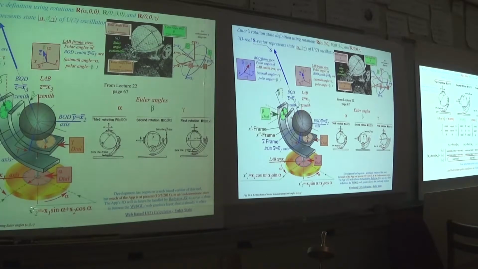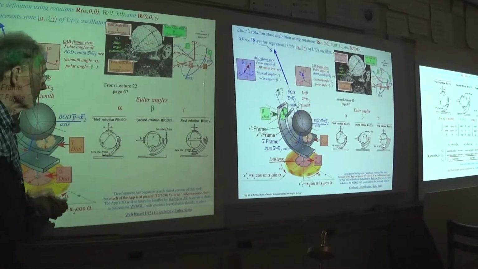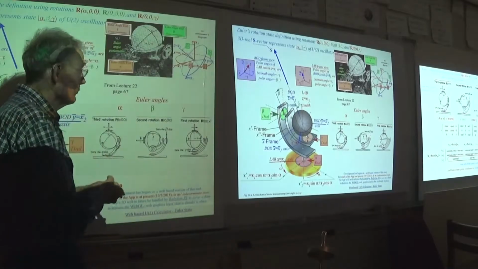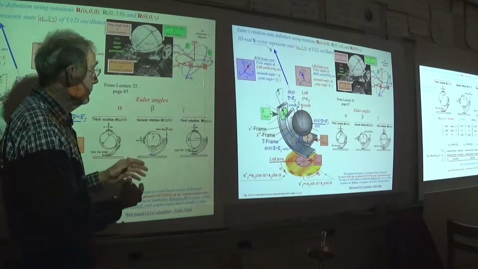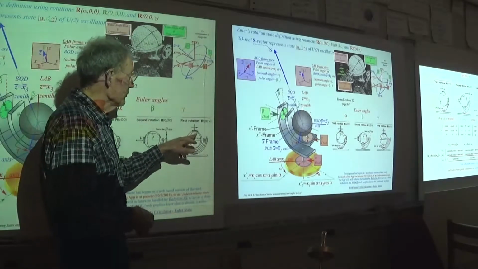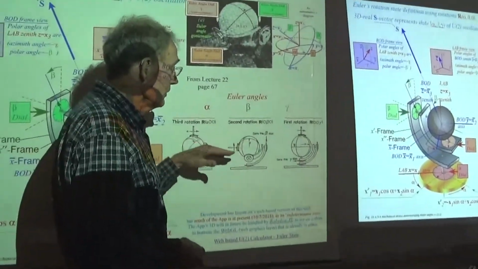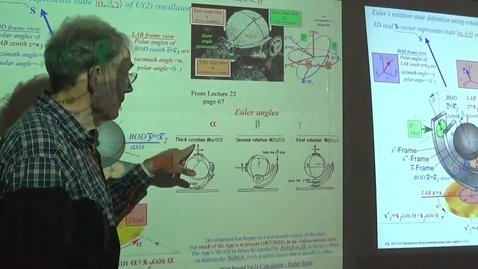And the first thing that might be a little bit of a mystery to you is why we would treat Euler angles this way. That is, we would first do a Z rotation, followed by a Y rotation, and then another Z rotation.